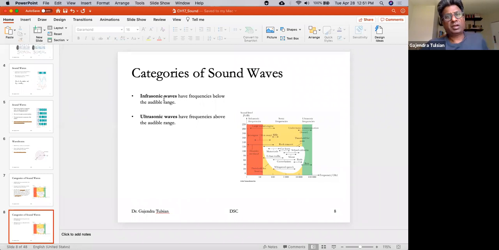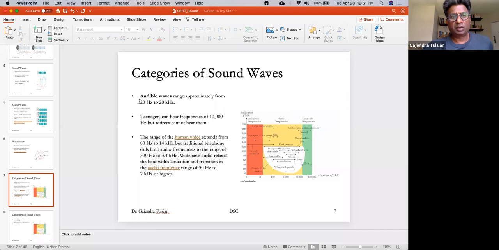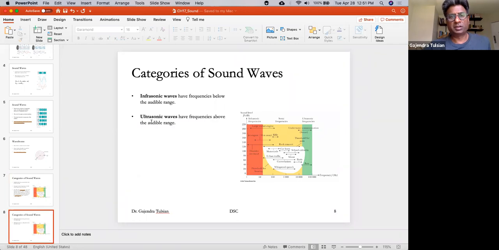Okay, so infrasonic waves are sound waves of frequency lower than 20 hertz, so lower than what we can hear. And ultrasonic sound waves are of frequency higher than 20 kilohertz. So ultrasonic waves are frequencies higher than 20,000 hertz.